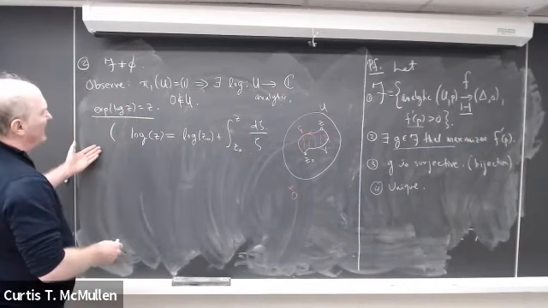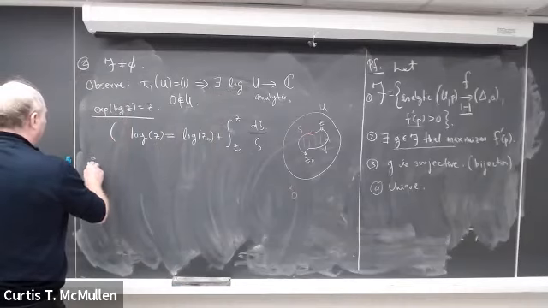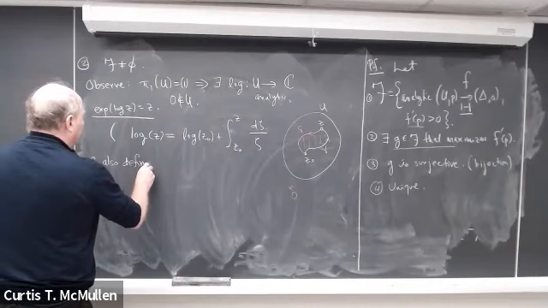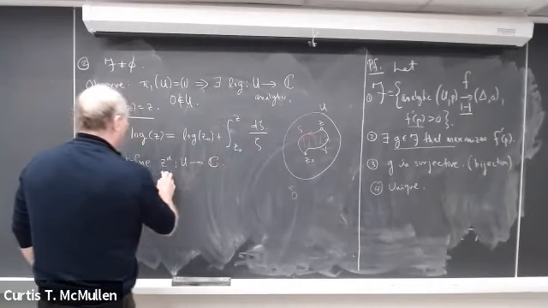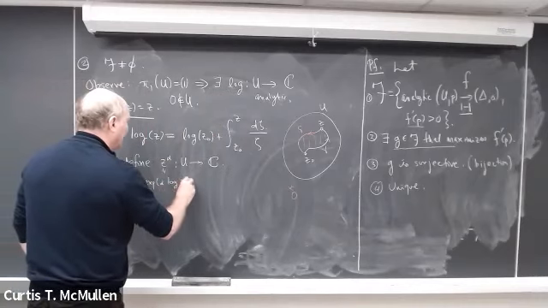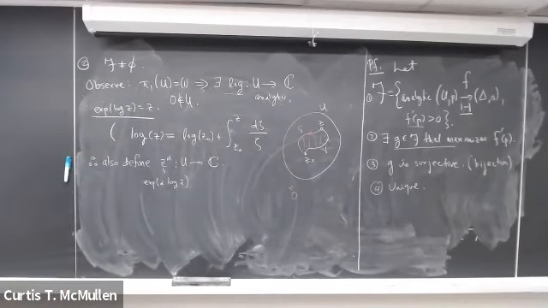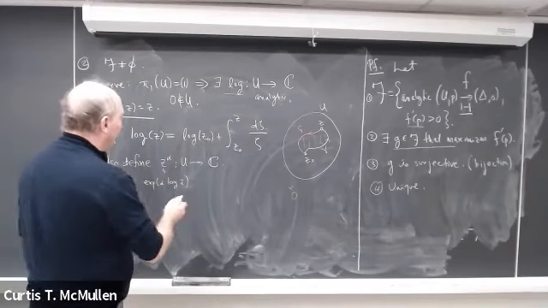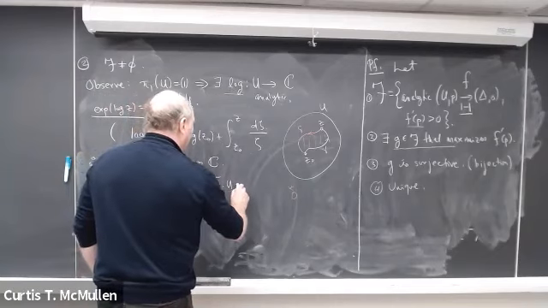You see, once you have a well-defined branch of the logarithm, we can also define, for example, z to the alpha, mapping U to C, by just setting this equal to e to the alpha times the logarithm of z, where the logarithm is what we constructed here. So there's a globally defined single valued branch of z to the alpha, and in particular, we can also define the square root of z, mapping U to C.